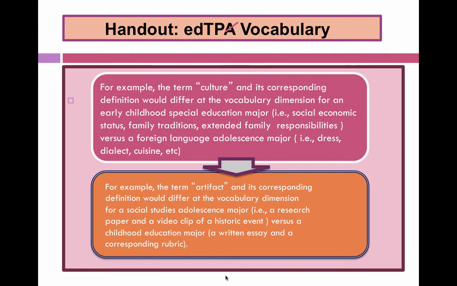For a social studies adolescence major, an example would be a research paper and a video clip of a historic event, versus a childhood education major, where an example would be a written essay and a corresponding rubric.